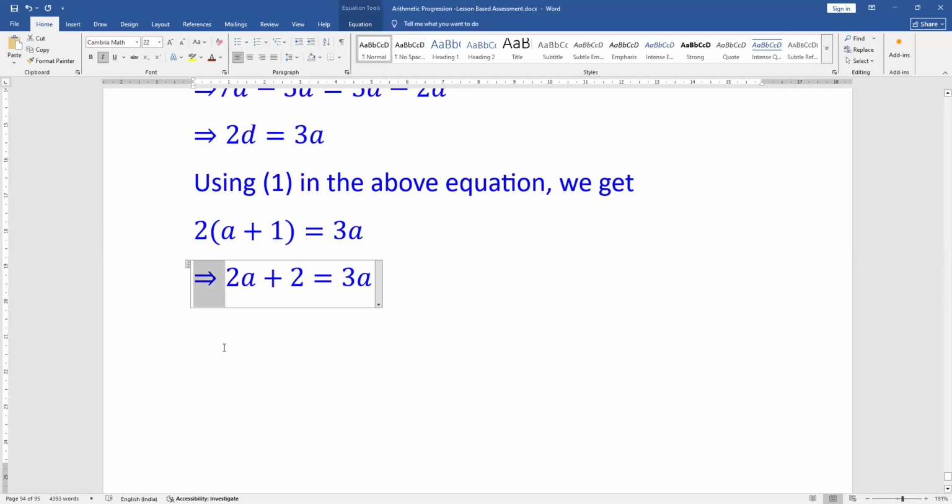In the next step, I can write it like this: this 2a, I can move to the right hand side.